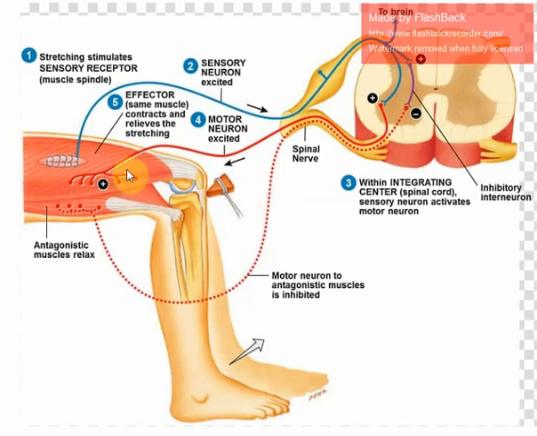So now in this process there is an extra branch here, you can see, which is called the reciprocal inhibition, or the reciprocal innervation.